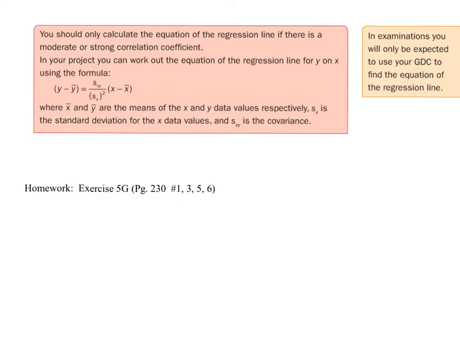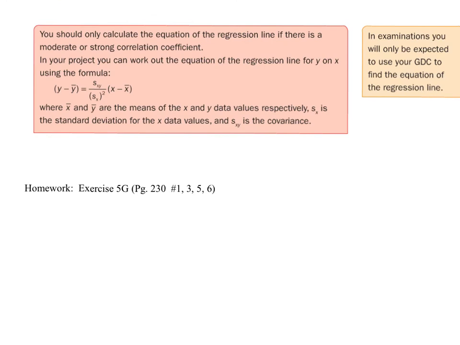Okay, and then I wanted to make sure to include this in your notes. This is a formula for actually calculating the line of regression. We won't ever need to use this calculation for homework or tests or quizzes or even your papers in May. And during examinations, you'll be expected to use your graphing calculator to find the equation of the regression line.